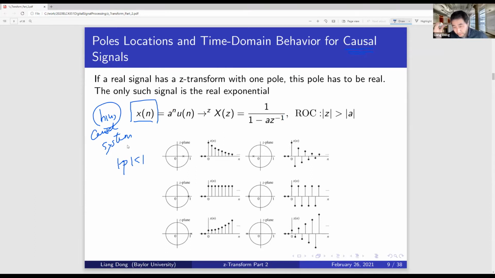My signal is stable in a way. Signal is absolutely summable. I should not say stable; stable we define to discuss this edge. If the pole is on the unit circle or outside the unit circle, then the signal is not going to diminish. Either it's oscillation, just a sine wave, or it diverges, becoming larger and larger.